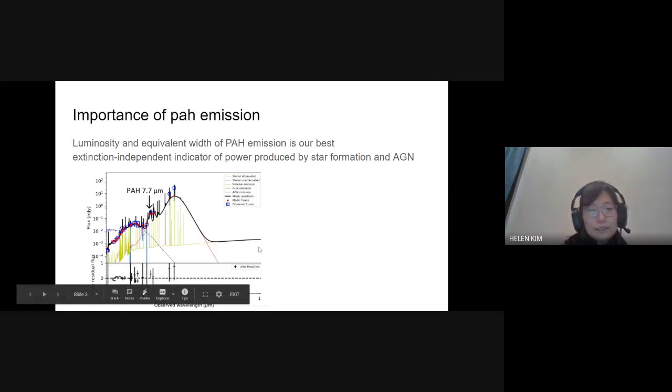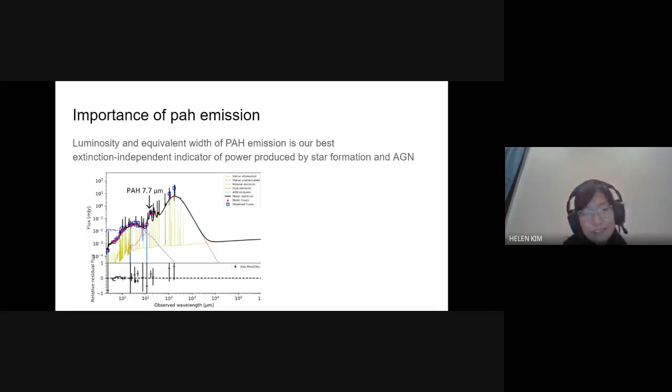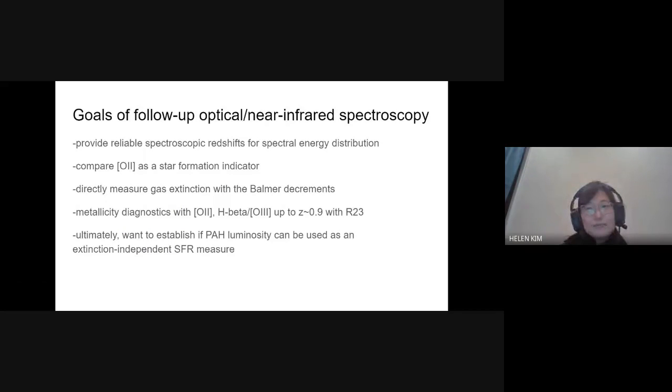However, the photometric data alone are not sufficient for understanding the dusty properties of these galaxies, partially because spectroscopic redshifts are needed in order to better constrain the redshift, especially at redshifts greater than 0.8. So we need spectroscopic observations in order to get better redshifts for the models for the SEDs.